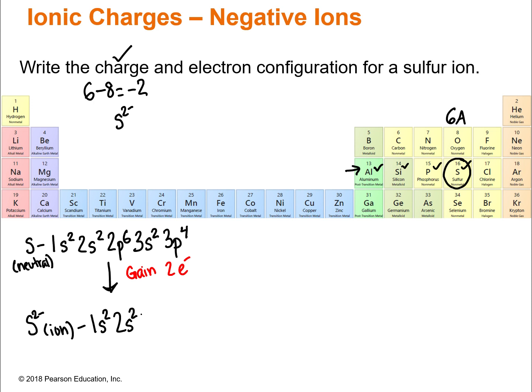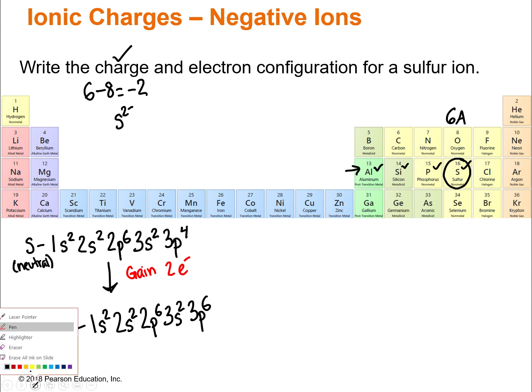The 2s is already full. 2p, full up. 3s, sorry. It's going to be 3p6. That's exactly right. So we just completed the p for the third energy level by gaining 2 electrons.